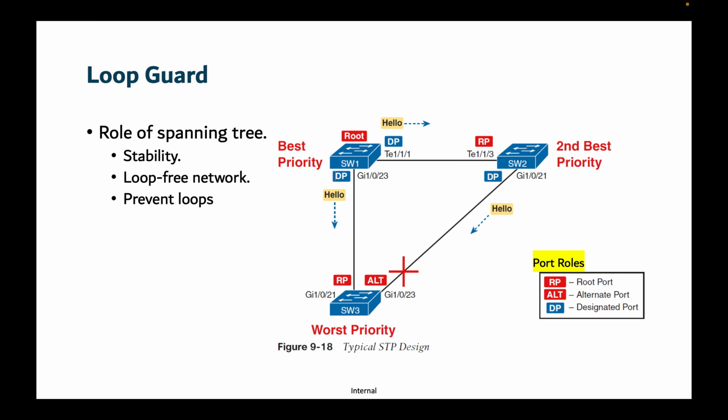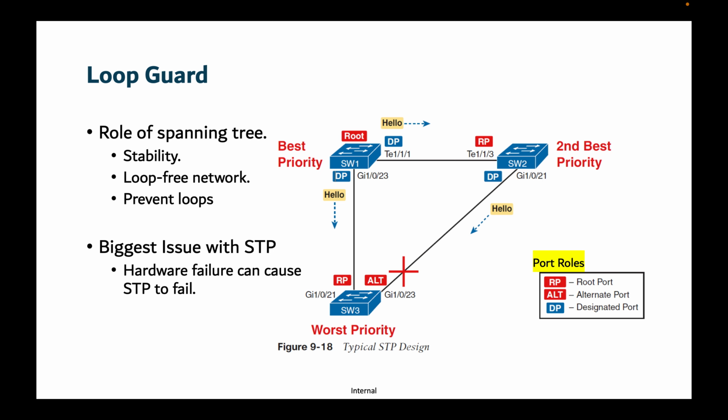But the biggest issue with STP is that some hardware failure can cause it to fail. Some hardware failure, such as a unidirectional link failure, can cause this topology to fail and create forwarding loops, which can cause major network outages.